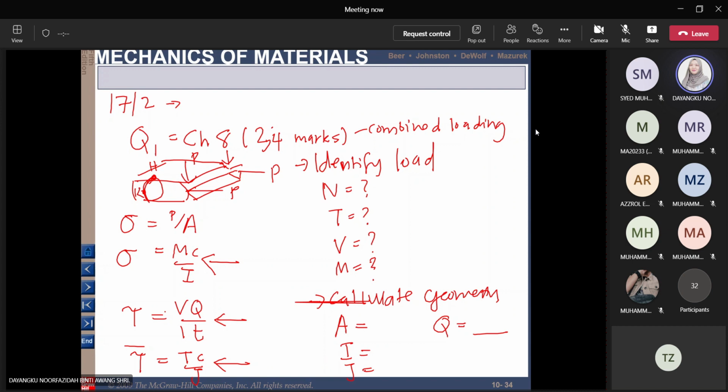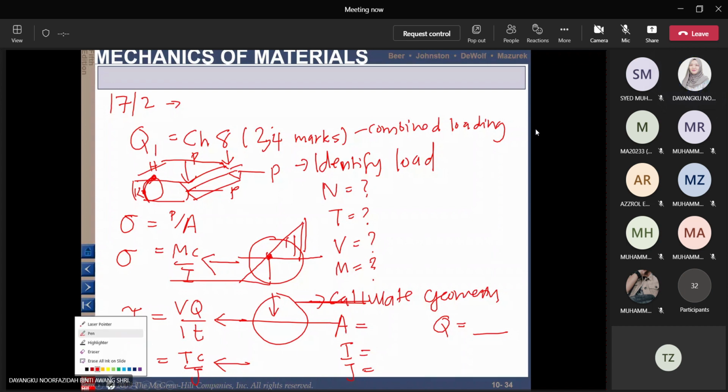Okay, so for bending, M is always maximum at the edge. You need to always remember this part. So bending stress is maximum at the edge. For tau, the shear stress is maximum at the center, sorry, maximum at the neutral axis, and 0 at the edge. So that is the difference.